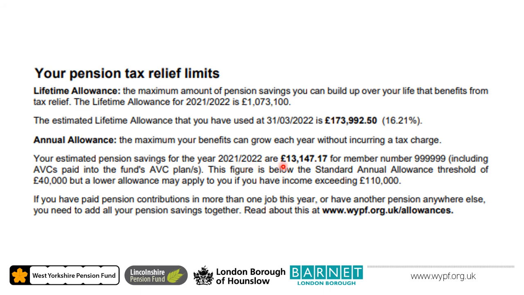So for this particular person, their estimated pension savings for this year is £13,147.17. That's not the amount of money that was paid in to the pension scheme. That's the amount the benefits have grown during the year. So it's not as simple as adding up how much you've paid in and how much your employer's paid in.